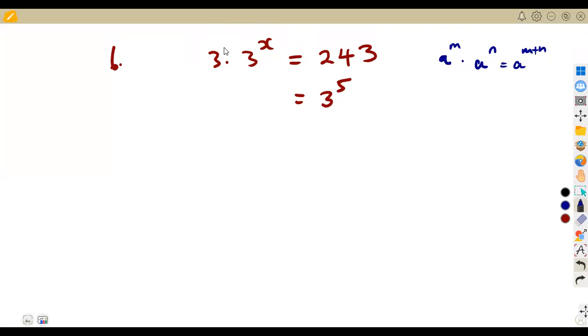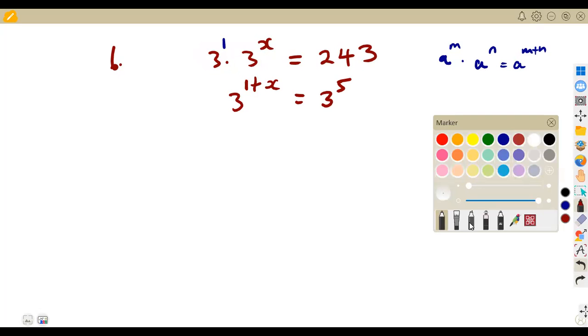So here I've got 1 and here I've got x. I'm going to add 1 plus x because these two bases are the same. Remember this from our multiplication law in the introduction. So this will give us 3 to the exponent of 1 plus x.